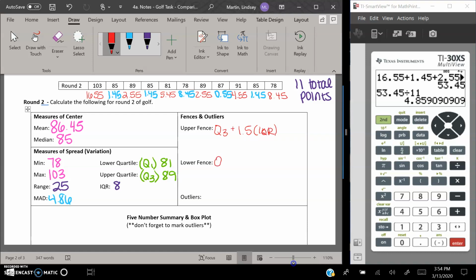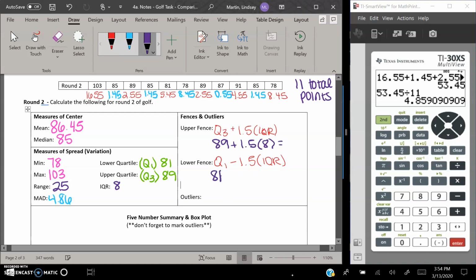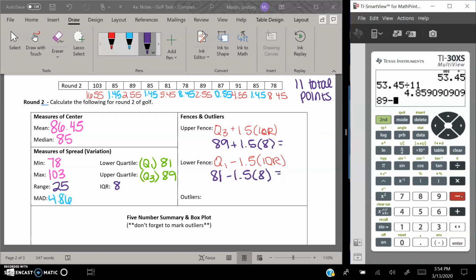My lower fence is Q1 minus 1.5 times my IQR. My Q3 value here is going to be 89. I'll add 1.5 and my IQR of 8. My Q1 is going to be 81. I'll subtract 1.5 times my IQR value of 8. We'll put this into our calculator to find our fences.